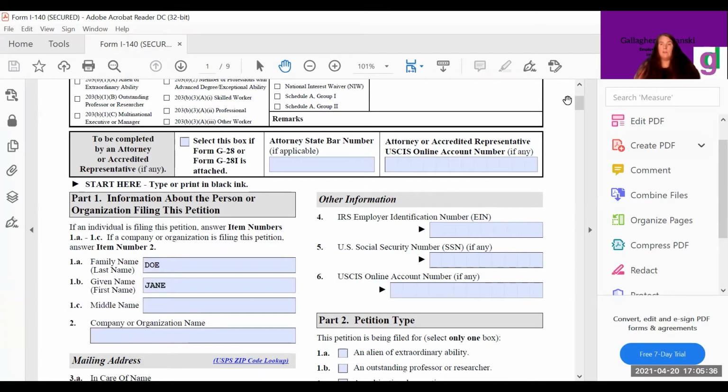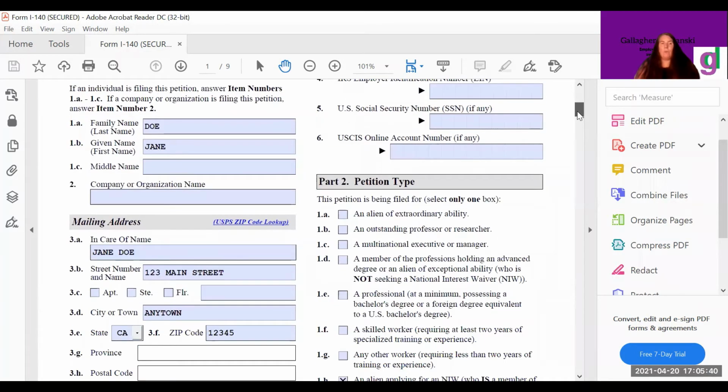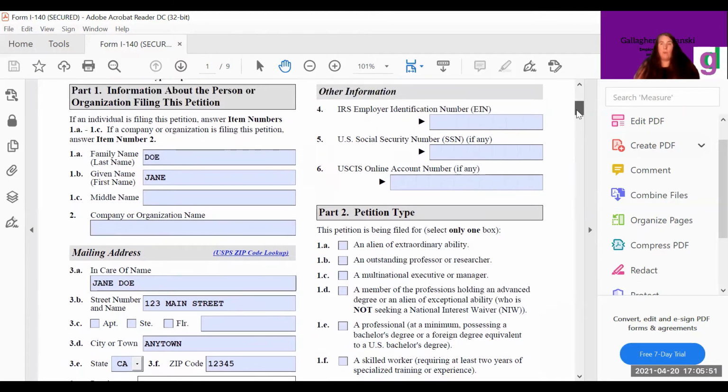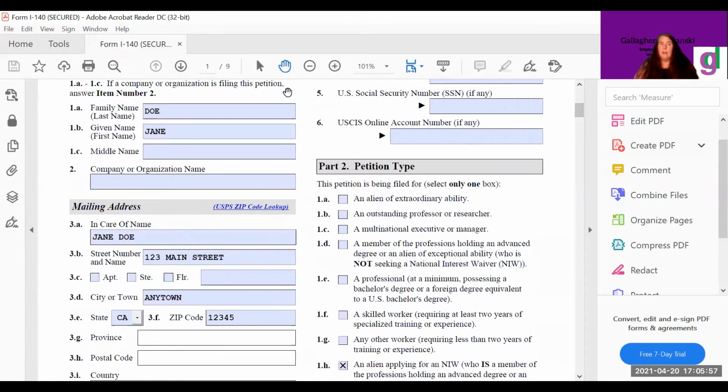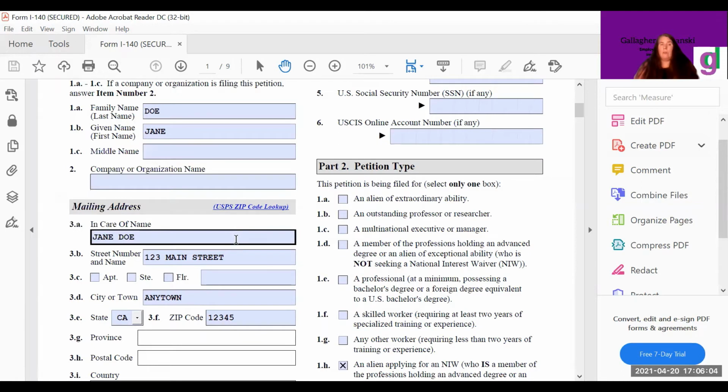So I just did Jane Doe. And once again, you wouldn't have a company or organization name. You don't put the company where you work because you're self-petitioning for a benefit that does not require a job offer. So it's just last name, first name, middle name if you have one.